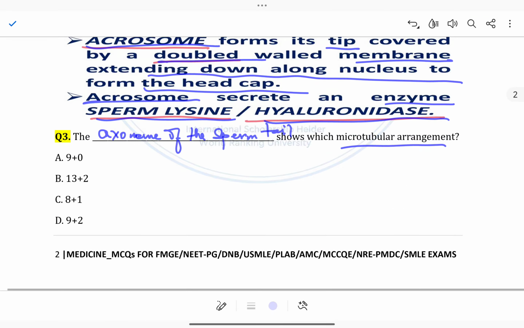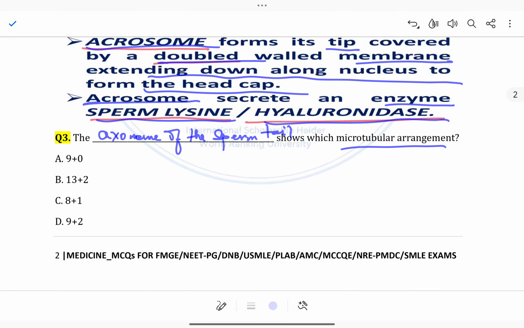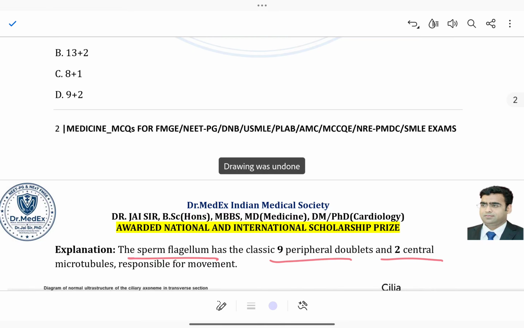So this is our complete question. Please tell me the arrangement: 9 plus 0, 13 plus 2, 8 plus 1, or 9 plus 2. Yes, of course, the answer is 9 plus 2.